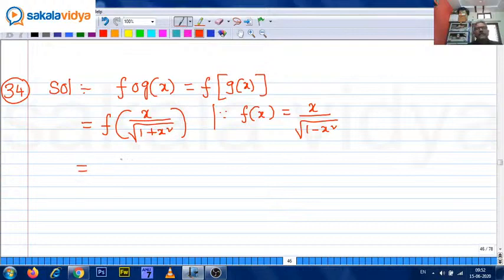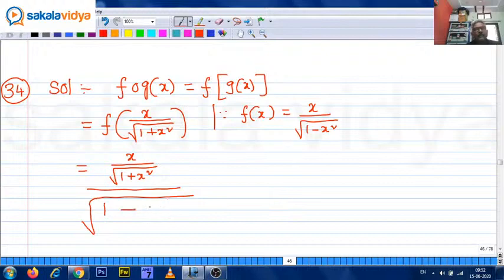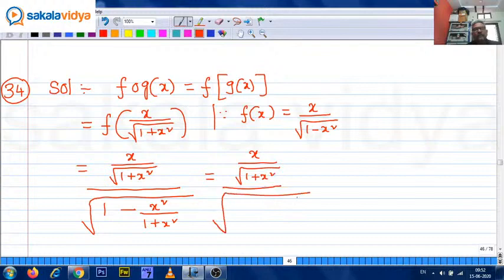So now replacing here x upon root of 1 plus x square upon root of 1 minus x square, because x square we have, x square by 1 plus x square. This equals x upon root of 1 plus x square, root of 1 plus x square is the LCM, 1 plus x square minus x square cancel.